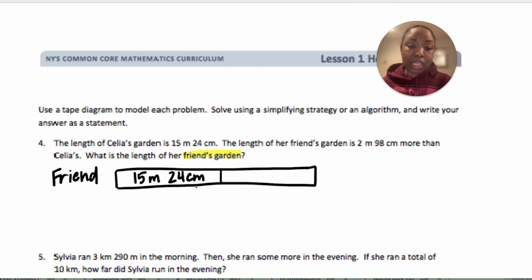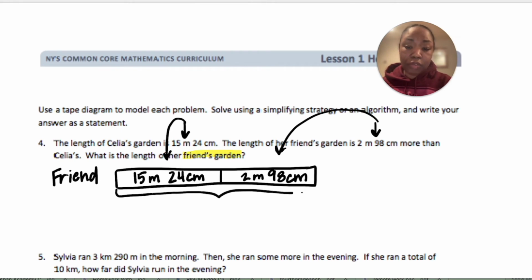They also tell us that the friend's is 2 meters, 98 centimeters more. So I'm going to make 2 parts. One is Celia's, that's just 15. And the other is the more. 2 meters, 98 centimeters. So how then do I get the friends?